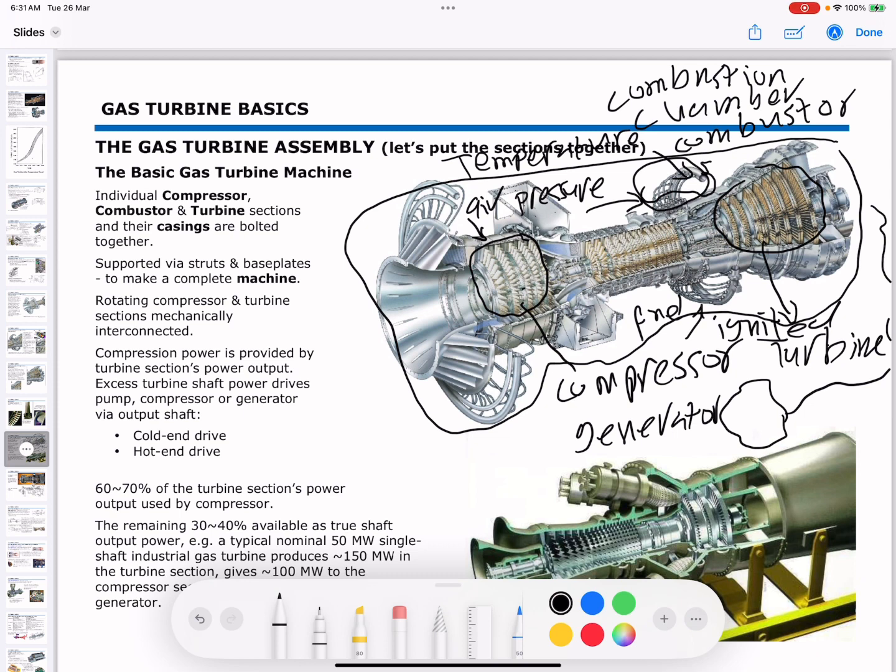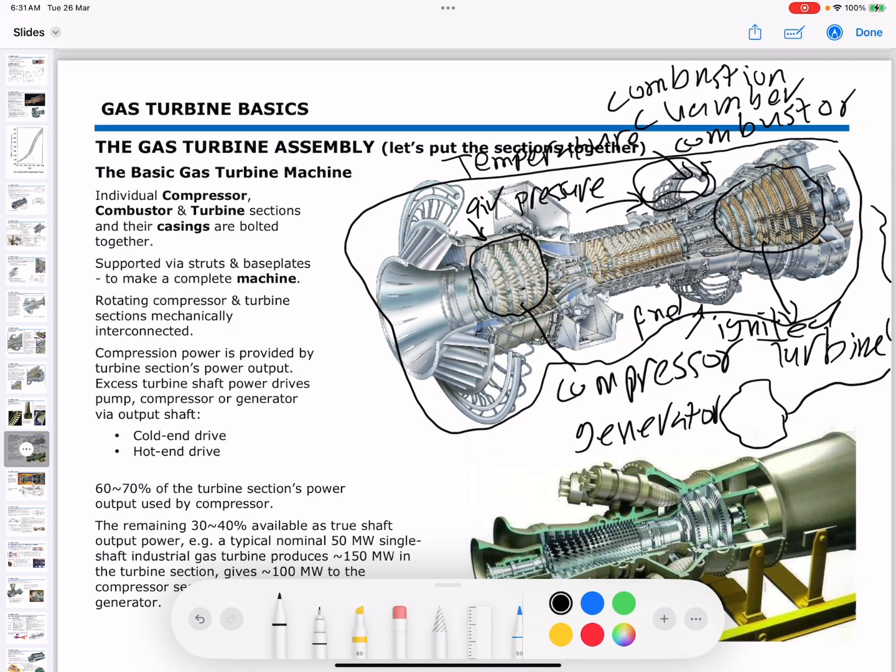It can be any type of load. The turbine is composed of multiple stages of blades that expand the gas, extracting energy as it flows over them.